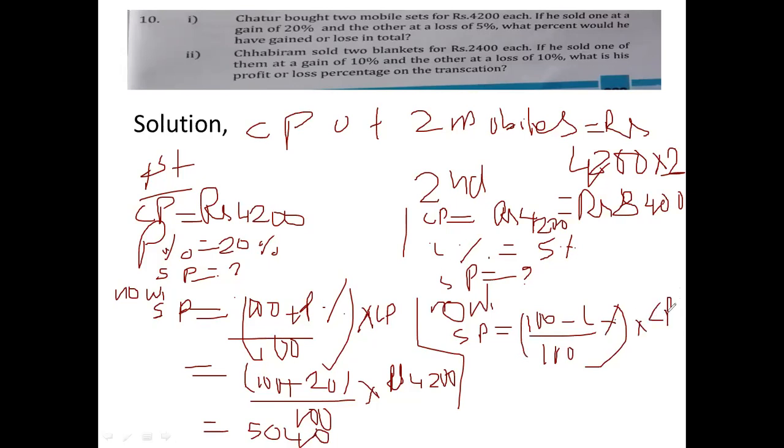If you calculate this, 100 minus 5 is 95, by 100, into CP, which is rupees 4,200. Now if you calculate, what will you get? 3,990.